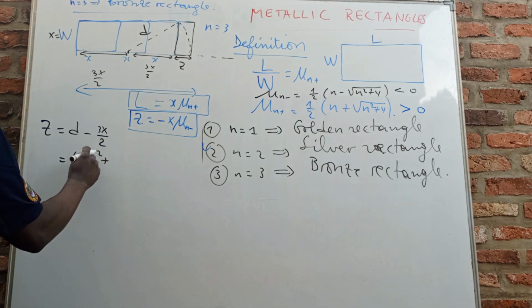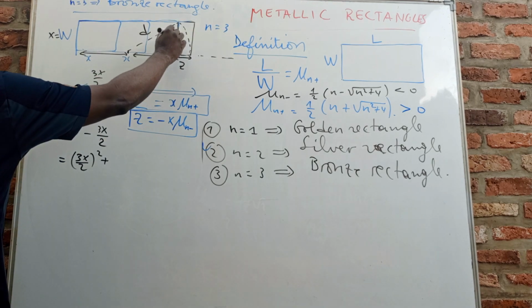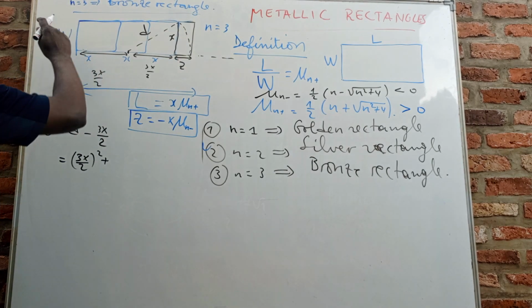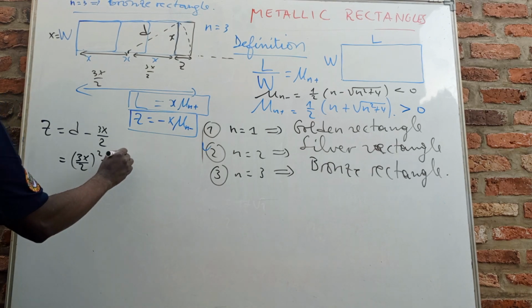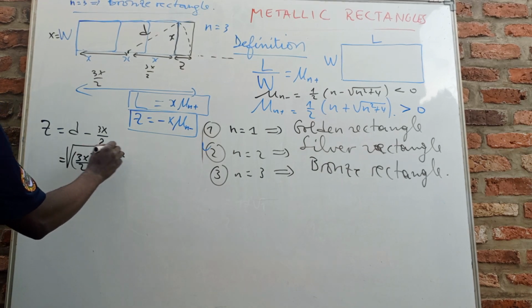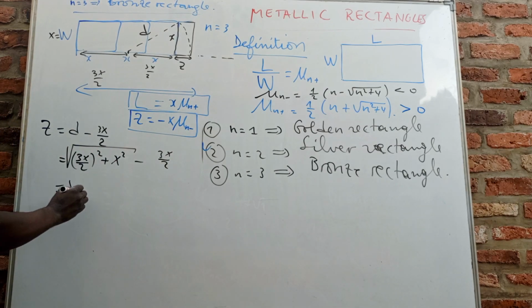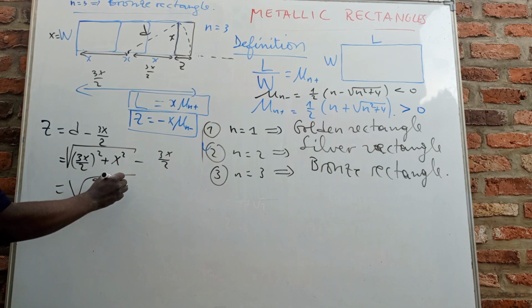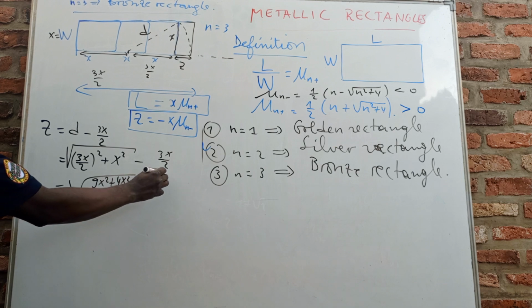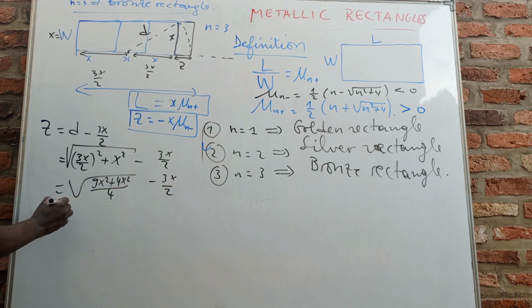So in this case, let us continue here. This is x, like this, squared. Now I take the square root, minus 3x over 2. Now here we get 9x squared plus, with common denominator 4, 4x squared, minus 3x over 2. Now it's going to be equal.